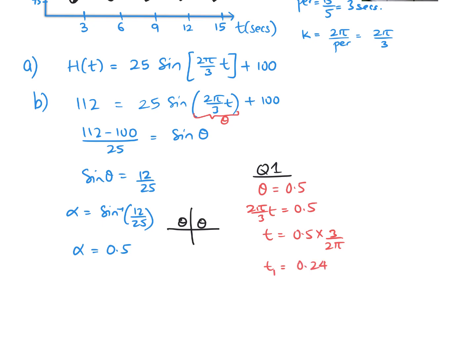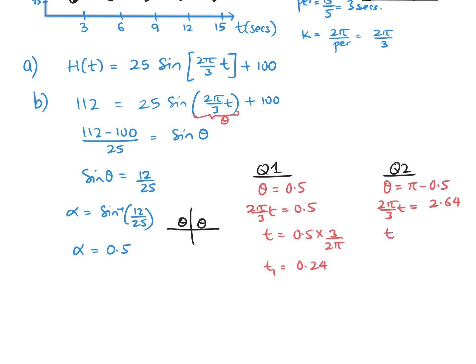So that will be our first time when the height of the horse is at 112 centimeters. Now we're going to determine the second value from quadrant 2. In quadrant 2, theta will be pi minus 0.5. That would mean 2 pi over 3t equals pi minus 0.5. That would be 2.64.